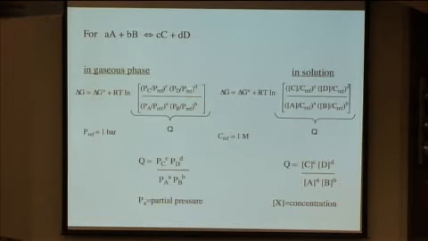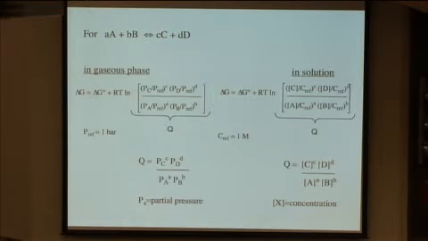And so in this equation, we have A plus B going to C plus D. The top of the line are the products. So we have the partial pressure of gas C, and this is over a reference partial pressure raised to the power C, the coefficient. And then also we have D, the partial pressure of gas D, over a reference raised to the small letter d.